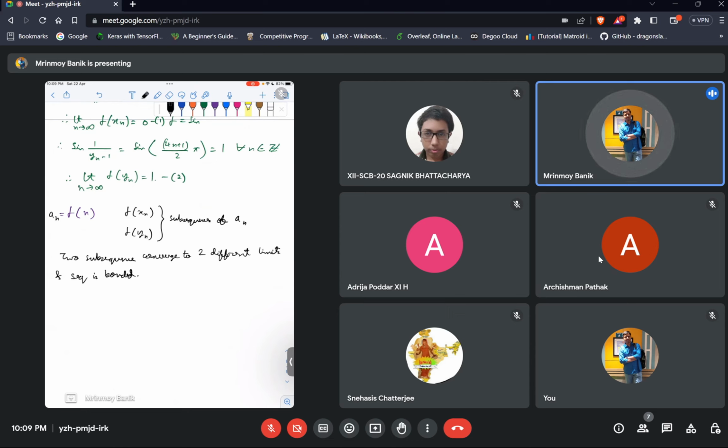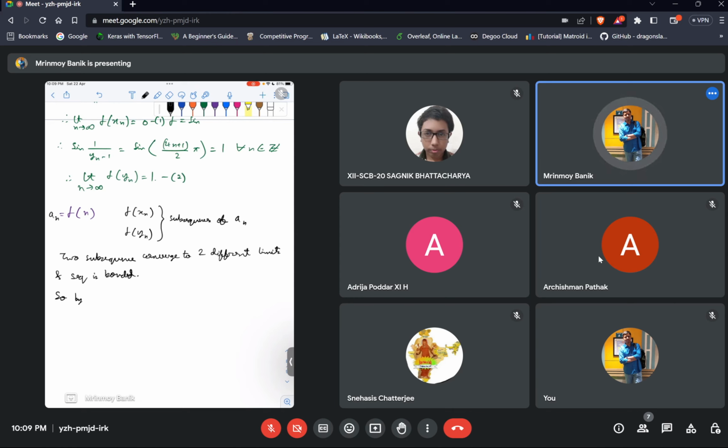So from the Bolzano-Weierstrass theorem, we know if a sequence is bounded, then it's convergent if and only if every subsequence is also convergent to the same limit, right? So here we have got two subsequences, f of xn and f of yn, which are convergent but not to the same limit.